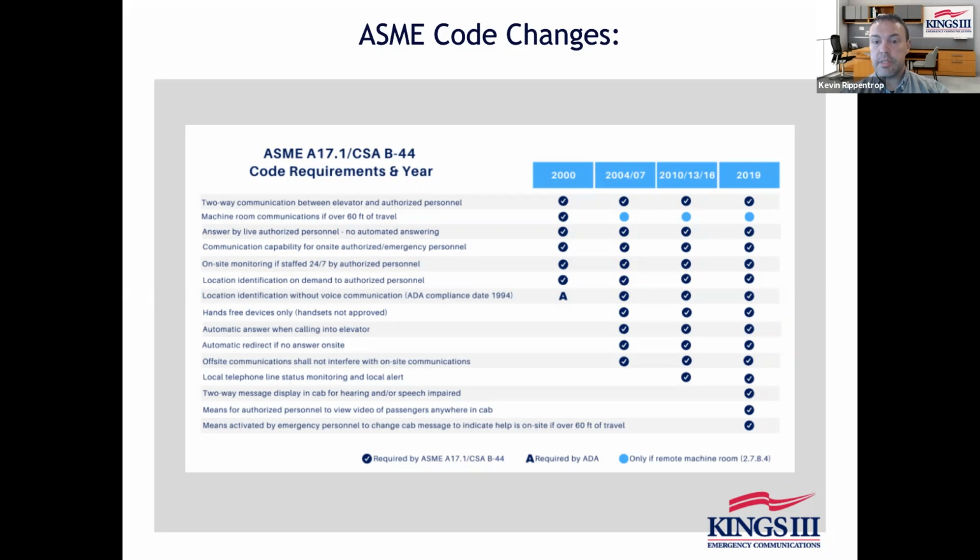But definitely, as we see these codes coming out, they're getting more and more detailed. And for these last two here for 2019, with the text messaging and the video, that's much more complicated as well. From 2000 to 2016, you could take those calls at your front desk and use an after hours answering service. But what are you going to do now with the video and the text messaging requirement?